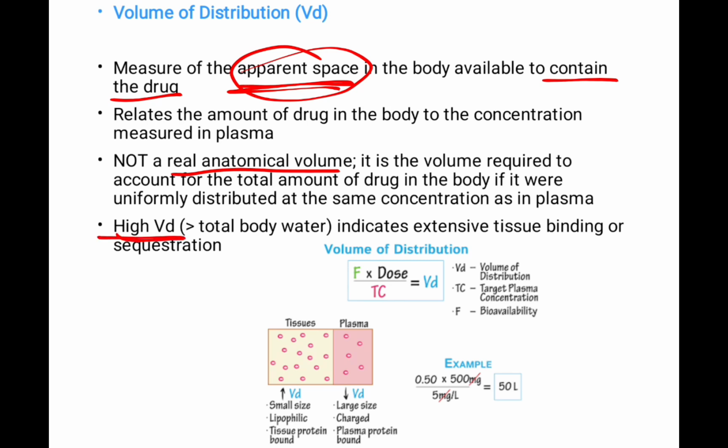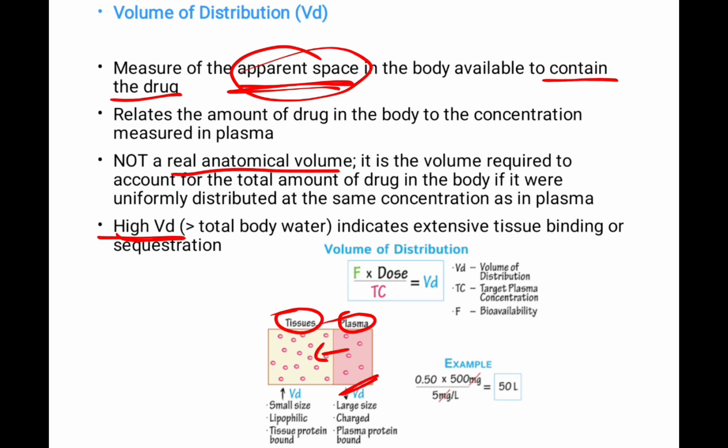So a high volume of distribution, that means there's a great total body water, indicates extensive tissue binding or sequestration. Take it that this is your tissues, this is your plasma, which is in blood. Now, when you take in a drug, it is absorbed from the site of administration into blood, into circulation. When it enters circulation, that is in plasma, the drug moves from plasma into the tissues.